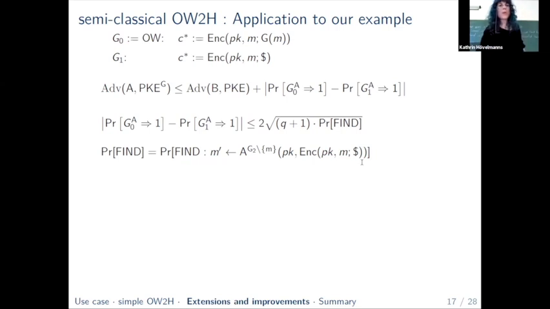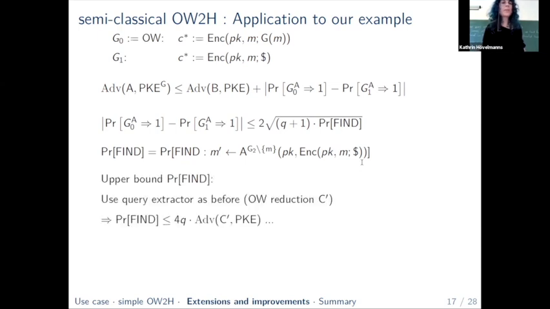Now we still want to upper bound the probability of find, of course. So we could just use the query extractor as before, dealing with the one-way reduction C prime. But that would mean that find loses another factor of Q.